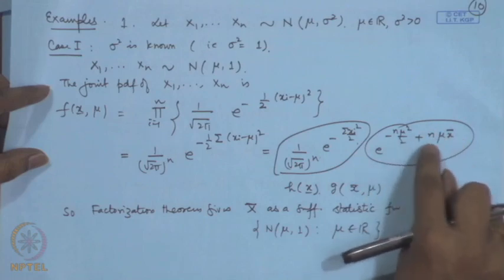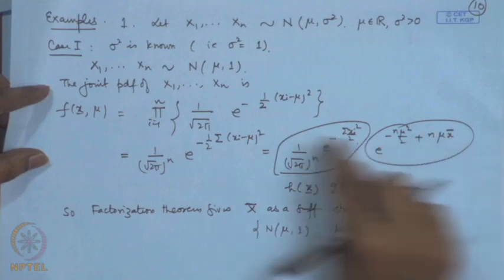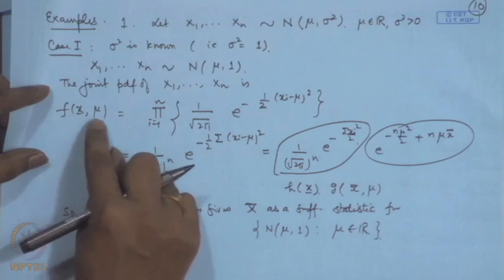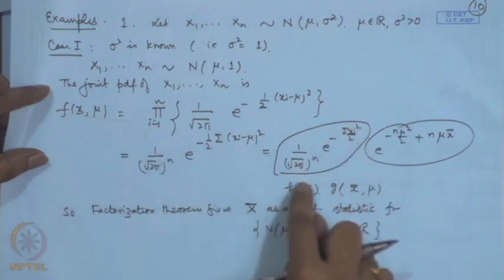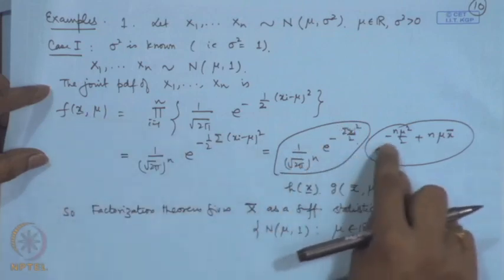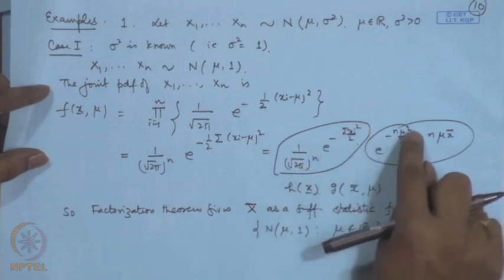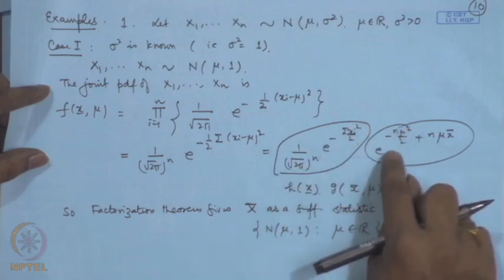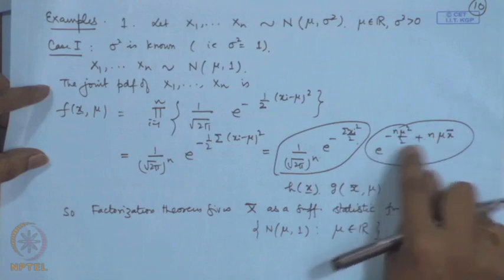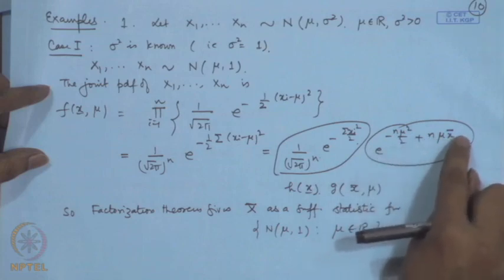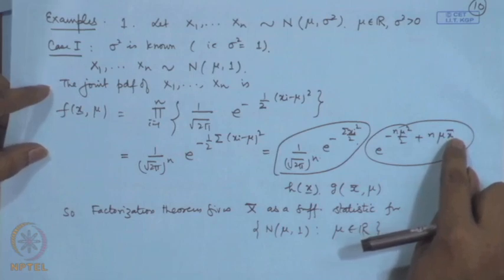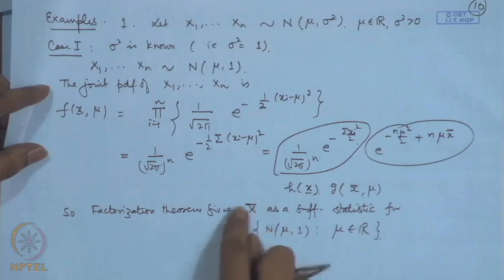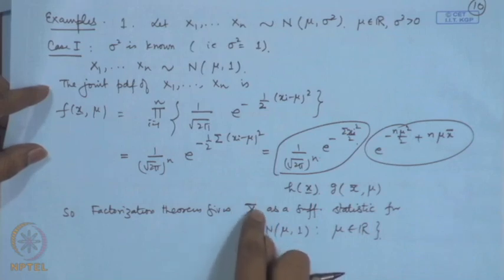Now, if I consider the ratio by taking f(x; mu) divided by f(y; mu), this term will become free from the parameter. E to the power minus n mu square will also cancel out. We will be left with e to the power n mu (x bar minus y bar). Now, that will be free from mu if and only if x bar is equal to y bar, and therefore, x bar is the minimal sufficient statistic.